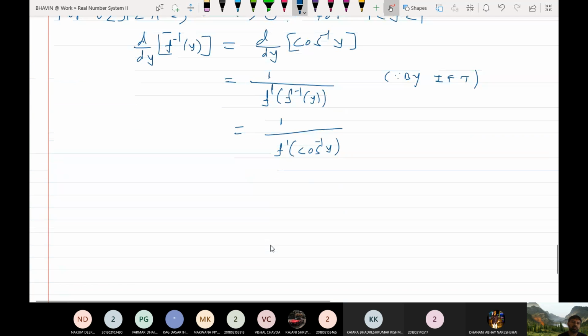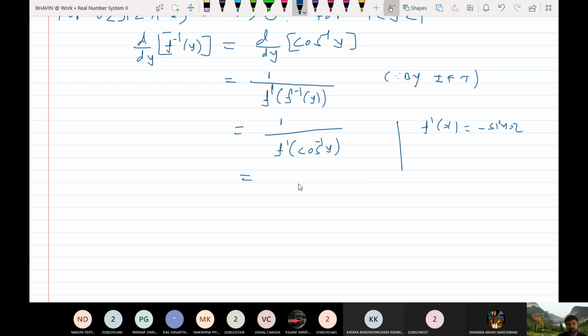Cos inverse y. Now what is f dash x? Minus sin x. So this is nothing but minus sine of, in place of x, I have cos inverse y. Do you understand why I have written like this?